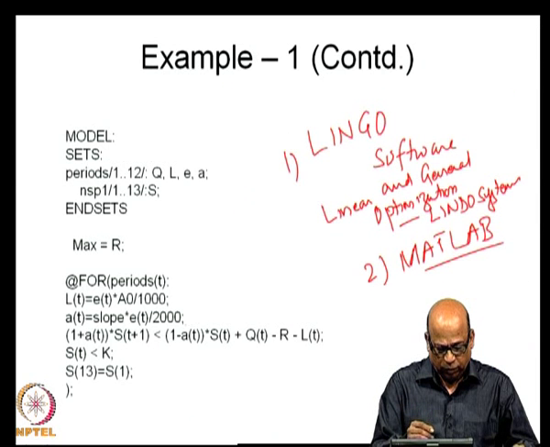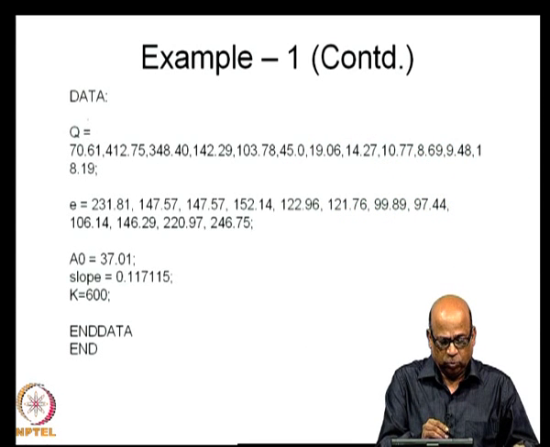Then we specify the data. For example, E t is the data, A naught is data, slope is the data, small e t is the data, and then you determine A t here, and k is the data as far as this problem is concerned, and q t is the data. So, all of these need to be specified as data, and that we do here.